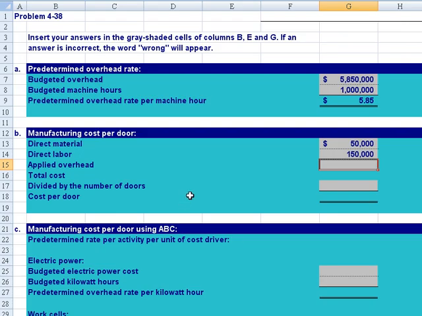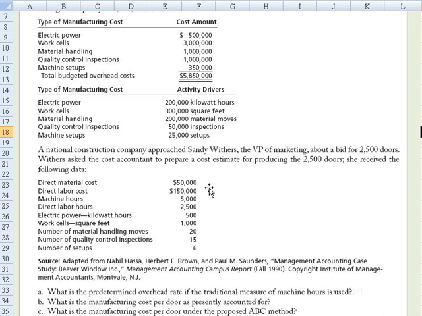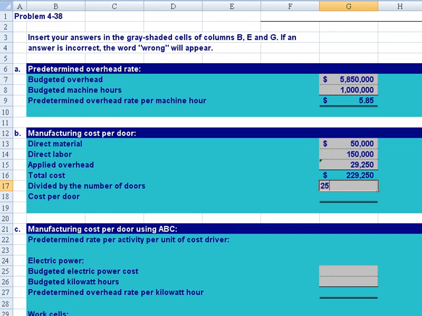We're only using one in a traditional accounting system, so applied overhead is 5,000 times that value right there, and we've got 229,250 of total cost divided by the number of doors, and I believe the number of doors was 2,500. And there it is, because Withers asked the cost accountant to prepare cost estimates for producing 2,500 doors. So we drop in 2,500, and we come up with 91.7 as the cost per door using the traditional way.